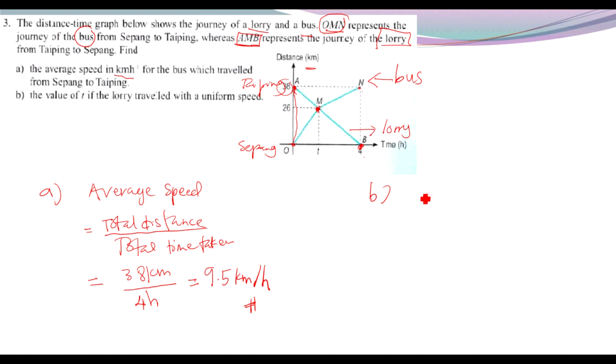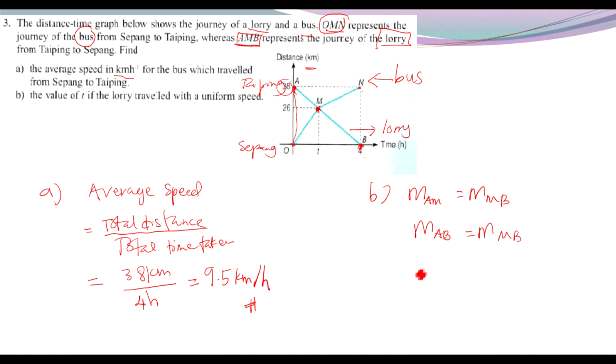You can use many pairs, because we want to compare the gradient. The gradient for AM and the gradient for MB are the same. So M for AM equals M for MB.